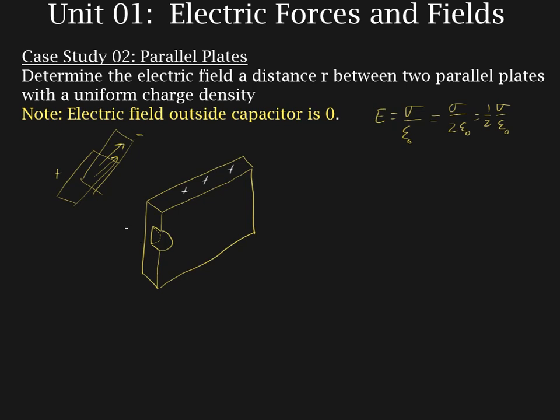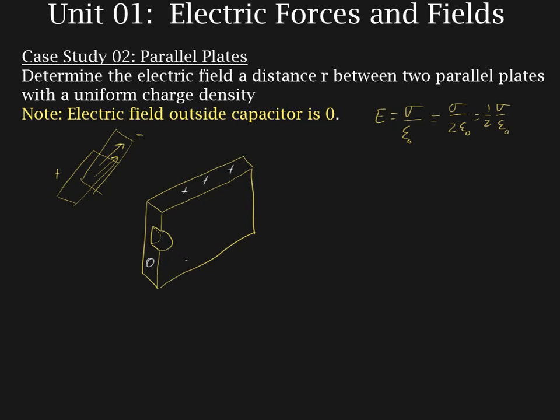If you do, you should still end up with the same result, because the electric field outside of the capacitor ideally is going to be zero. But we can say very definitely that the electric field inside of the metal sheet is also going to be zero. There is zero electric field in there because it's a conductor in electrostatic equilibrium.